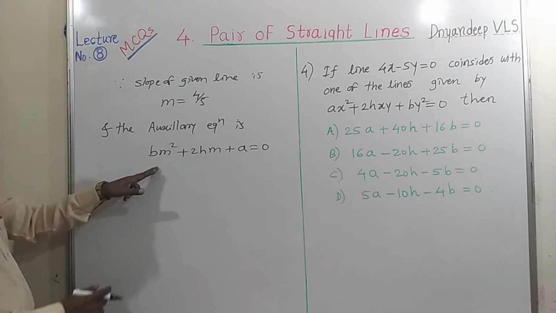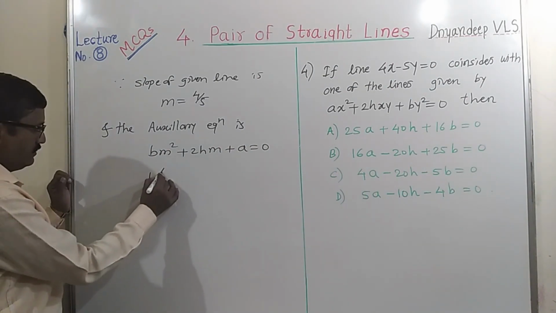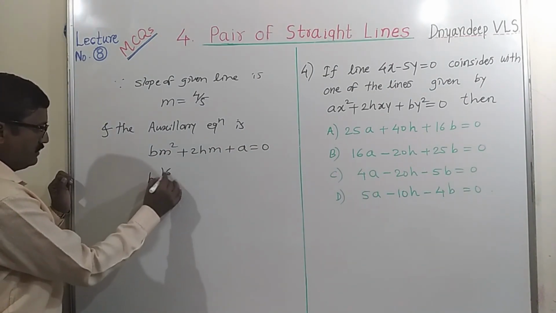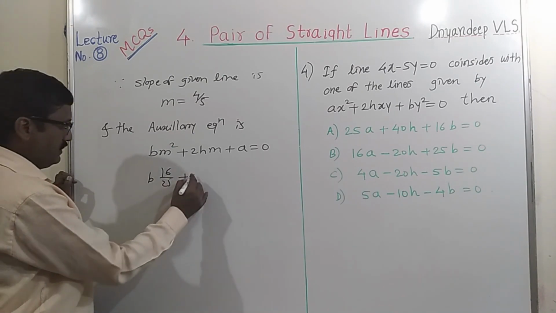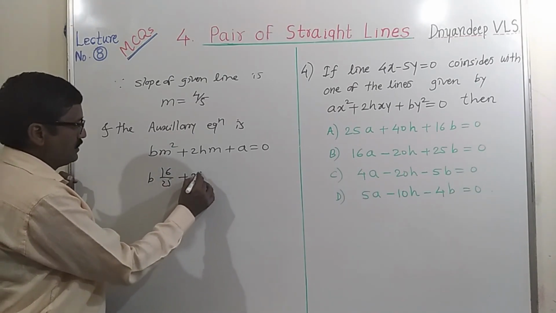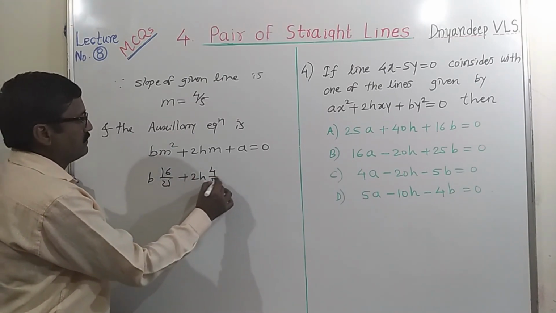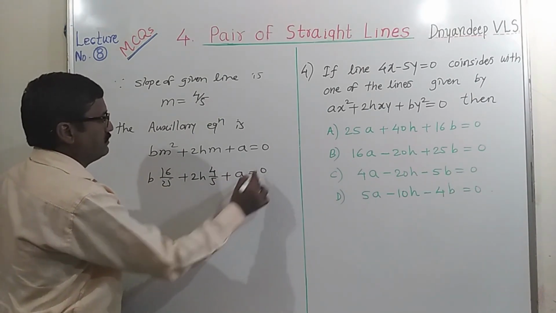Put m is equal to 4 by 5 here. You get b into 16 by 25 plus 2h into m, that is 4 by 5, plus a equal to 0.